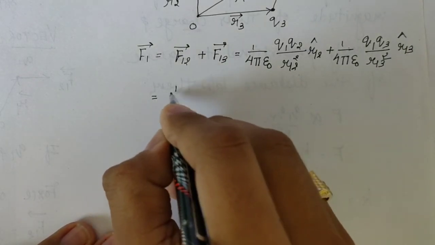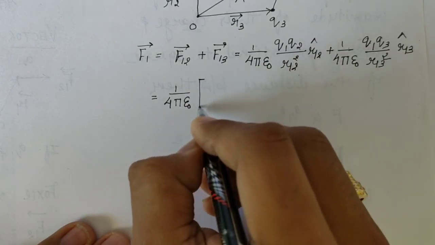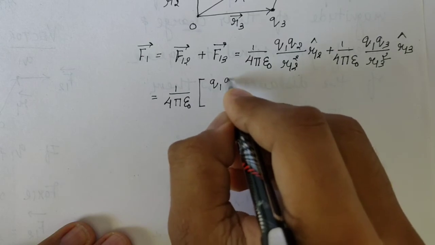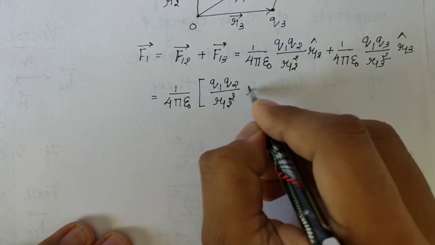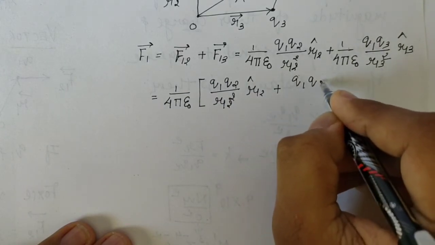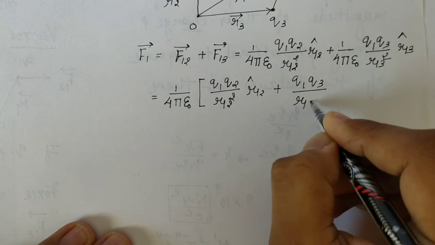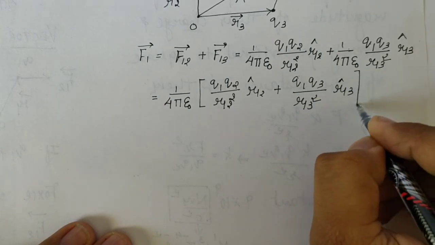Now 1/4 pi epsilon 0 is common. So Q1 Q2 divided by R12 square R12 caret plus Q1 Q3 divided by R13 square R13 caret.